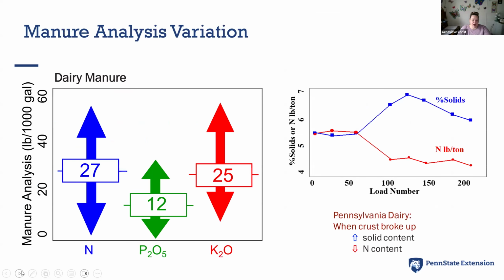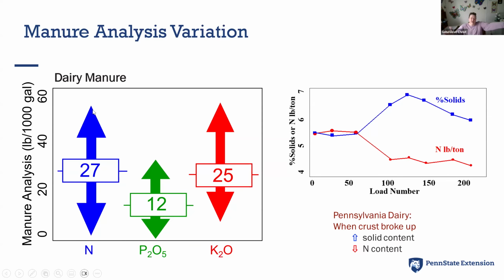And really, why do we test manure? There's lots of reasons, and variation is a really big part of that. You can see here from these two charts, these are dairy manure test results. And yes, on average, we're getting 27 pounds per 1,000 gallons of nitrogen, but that range is almost 0 to 60.